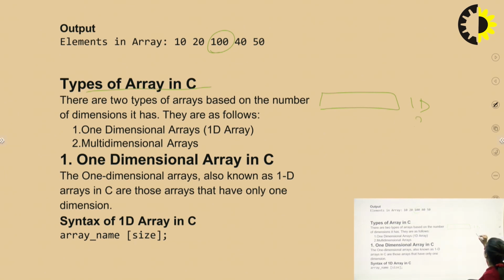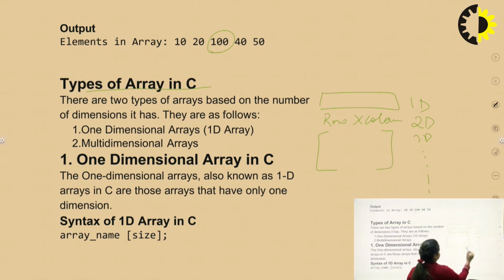Maybe 2D, 3D, and so on. And 2D is what? Rows into columns, right? Meaning in a matrix format, some kind of M into N, meaning rows and columns.